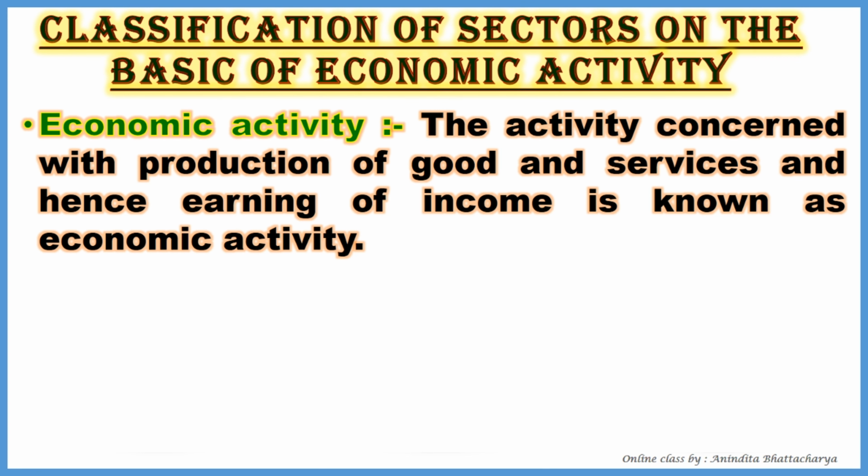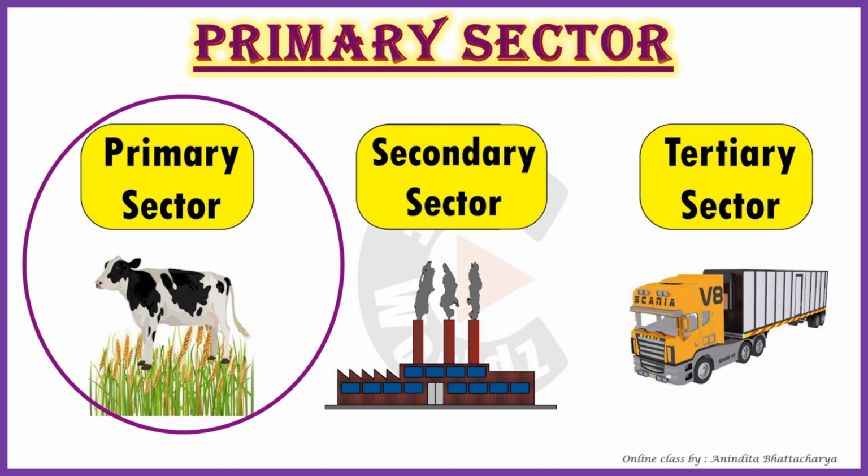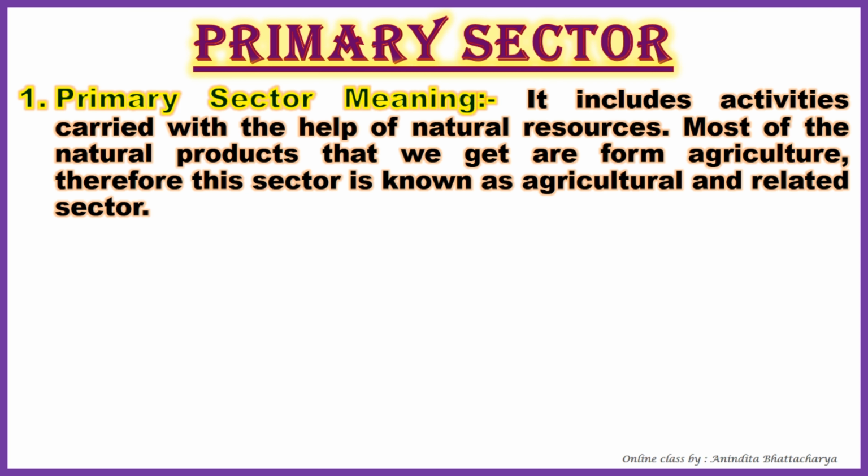The activity concerned with production of goods and services and earning of income is known as economic activity. Economy is classified into three sectors on the basis of economic activity: primary sector, secondary sector and tertiary sector. Primary sector includes activities carried out with the help of natural resources.